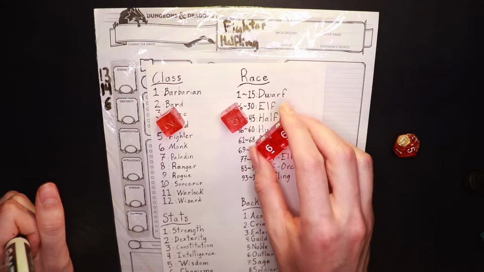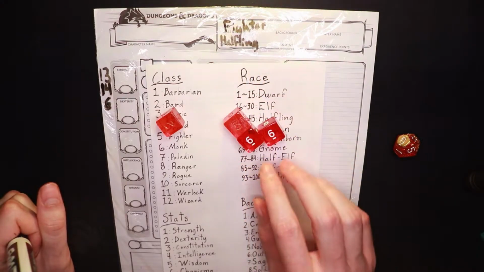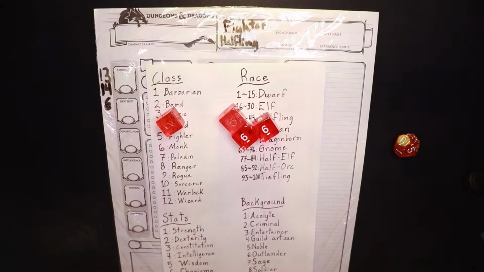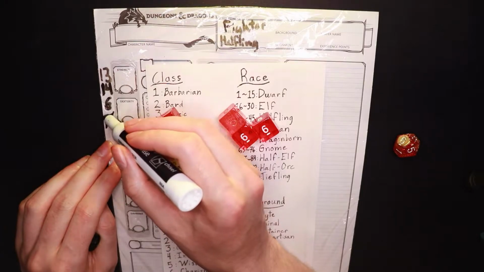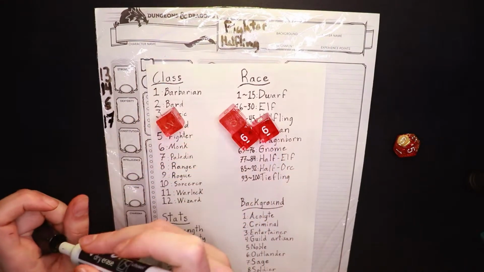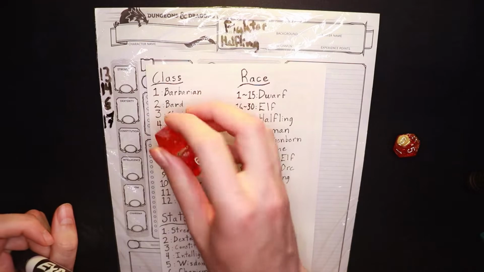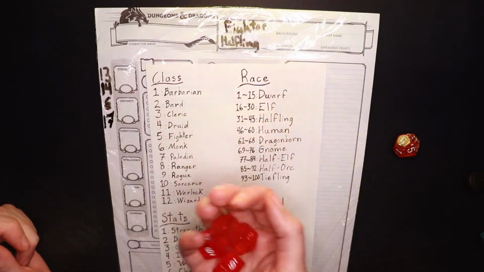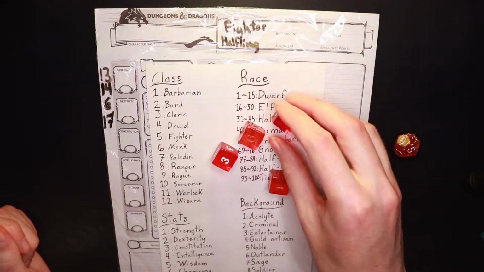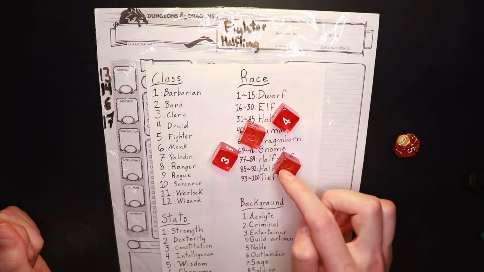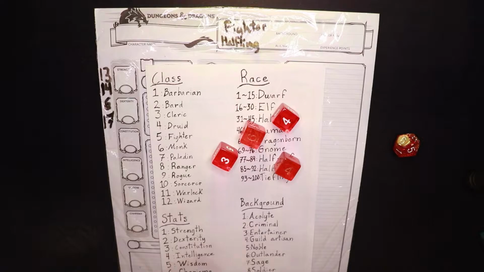That's going to compensate for it. So 6, 6, and 5, so that's going to be 17. Okay, 2 more times and we'll be done with the rolling for the stats. Not too shabby, so that's 14.